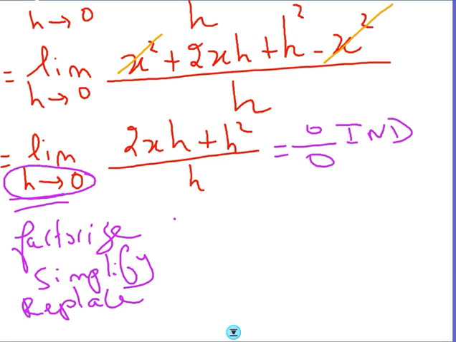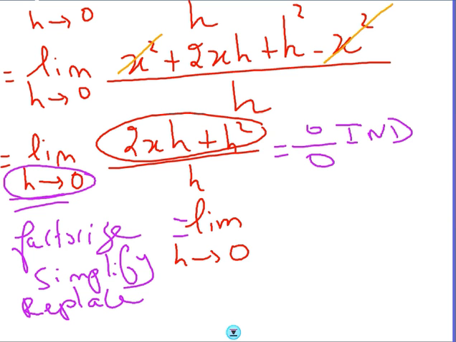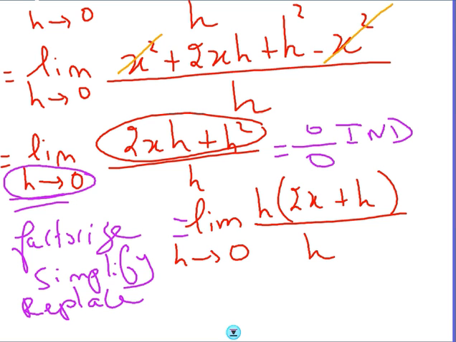So let's factorize. The limit as h tends to 0 of 2xh plus h squared: we can take h as a common factor, so you'll be left with 2x plus h, and I took h out over h. Once you factorize, you have to simplify before replacing, otherwise you will get an indeterminate form.